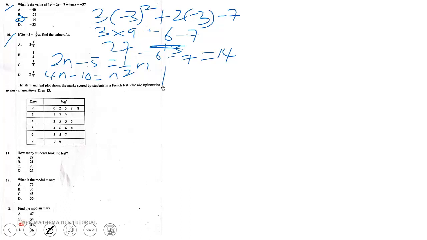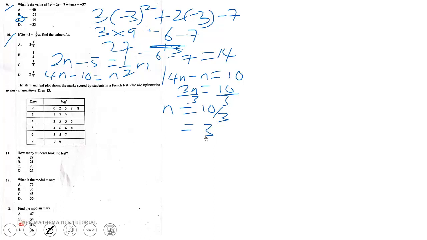So this implies that 4n minus n is equal to 10. So 3n will be equal to 10. Divide both sides by 3, n will be equal to 10 over 3, which is the same as 3 whole number 1 over 3. So the correct answer is A.